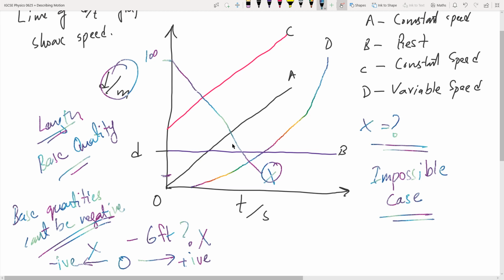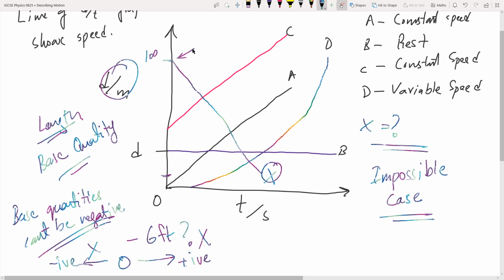Now we can say that the car backed up or something, but over here the gradient is going to be negative, and we cannot have negative values for distance, so mathematically this is not possible. Even though we may consider that the car just reversed, it was in reverse gear and moving, even then we have to understand that it was moving from a certain point to a certain distance, so we take the distance for that car from that specific location.